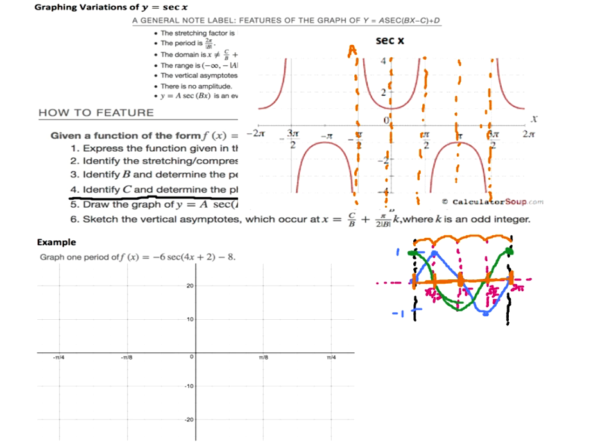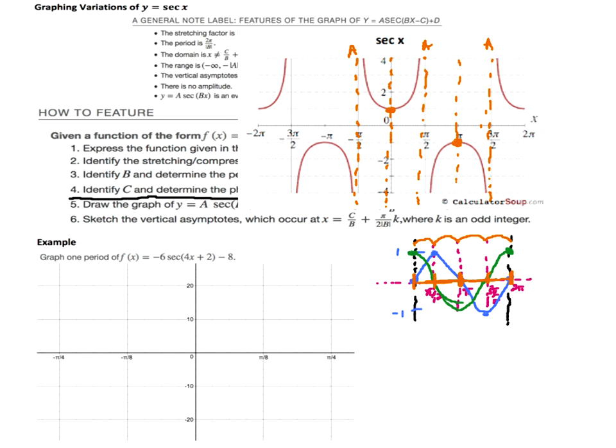I have an asymptote. What's going on at 0? I have a valley, the bottom of a valley, so my vertex there. Pi over 2, I have another asymptote. Pi, I have another vertex, the top of the mountain there, so a maximum. And then finally, 3 pi over 2, I have another asymptote.